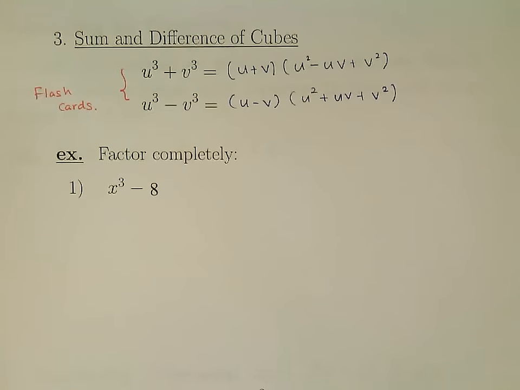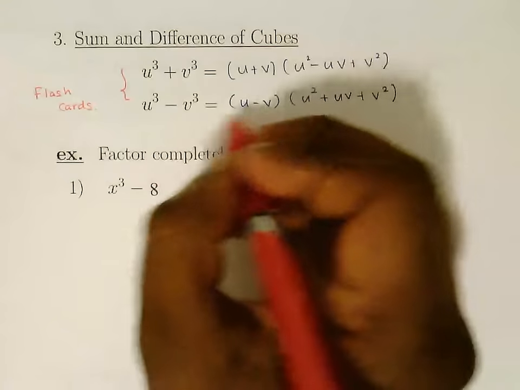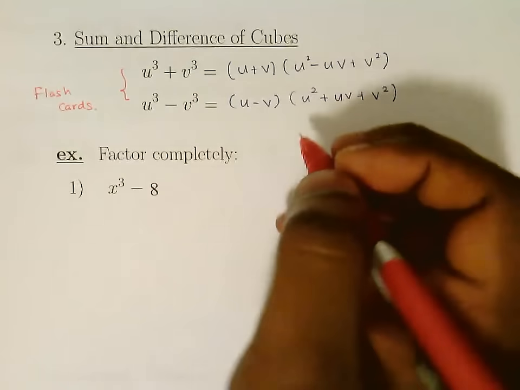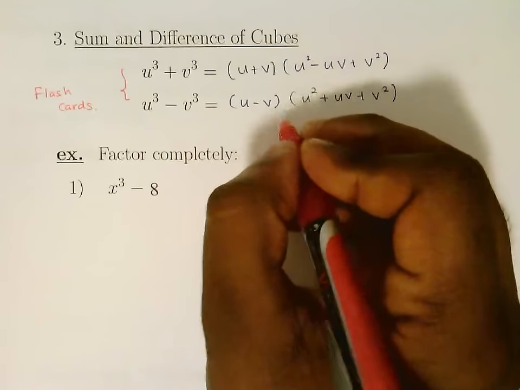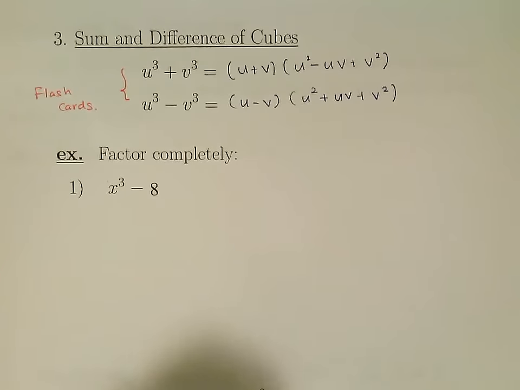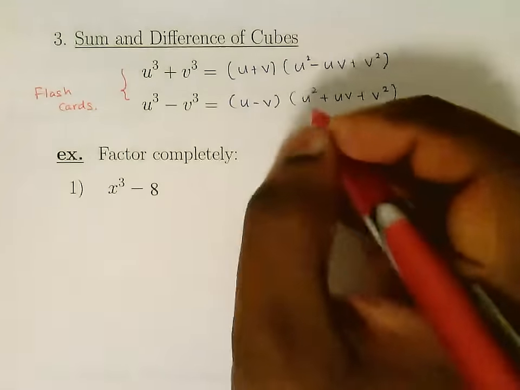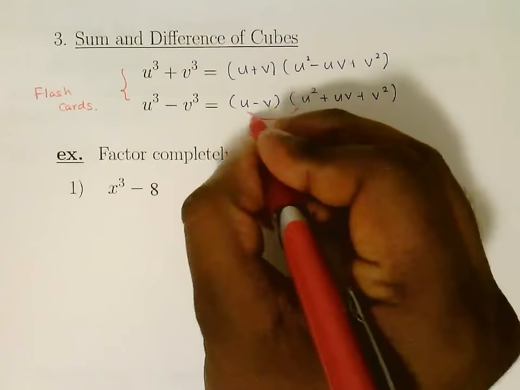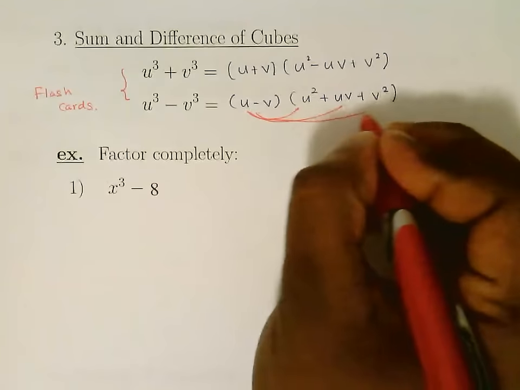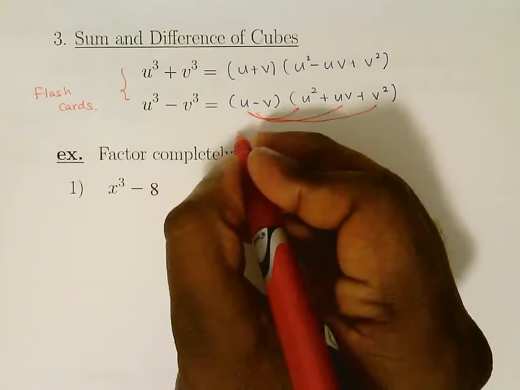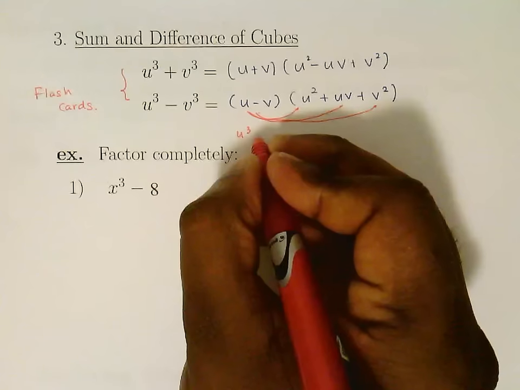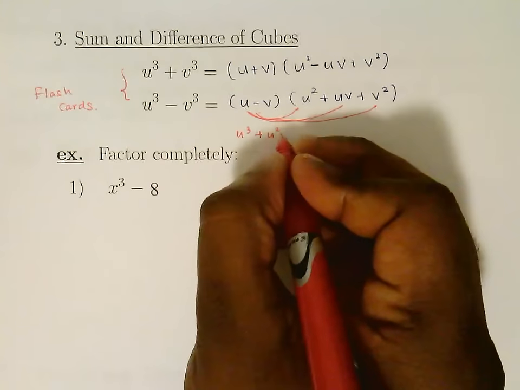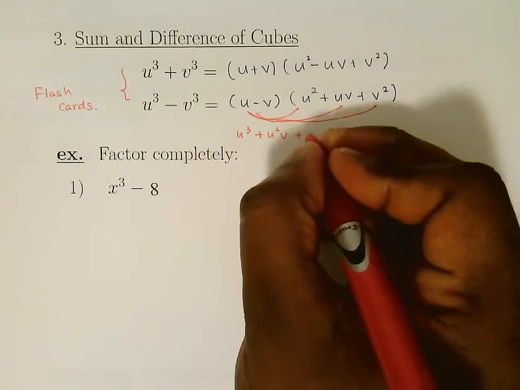And by the way, because I have time, I will actually do the second one and show you it works. So let's do the FOILing. But remember, what's important is you memorizing these formulas. Okay, so along the red lines, that would be u cubed plus u squared v plus v squared u.